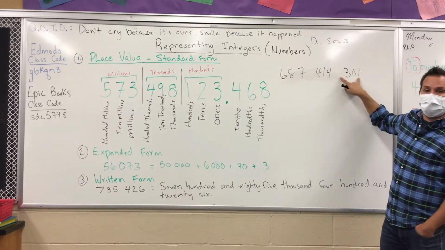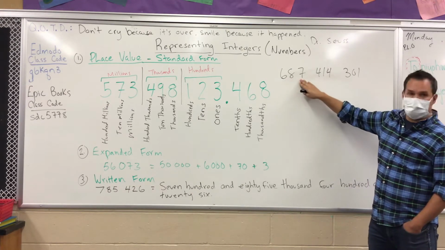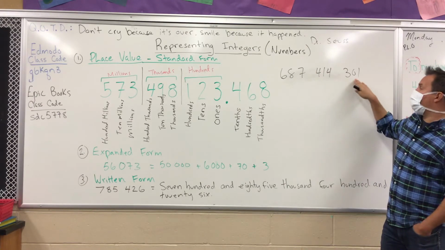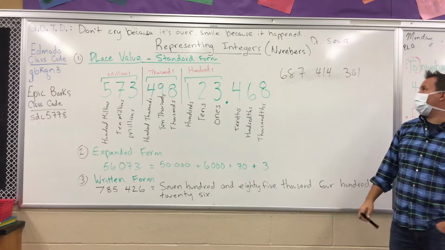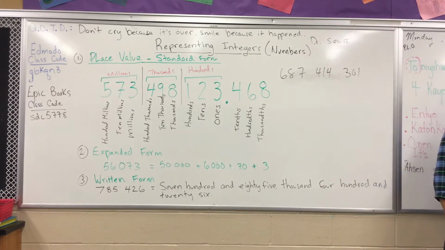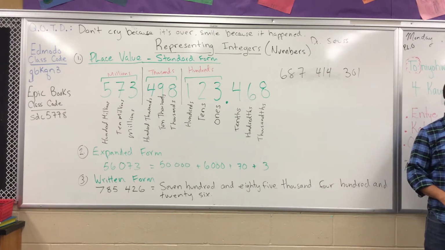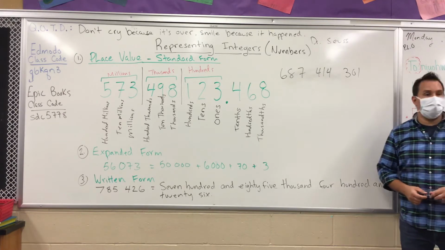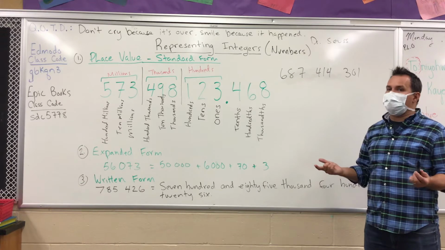Thousands. This is our hundreds. So we would say 687,414,301. 687,414,301. Why don't we say 321? Why don't we say 321? Niels, why don't we say 321?